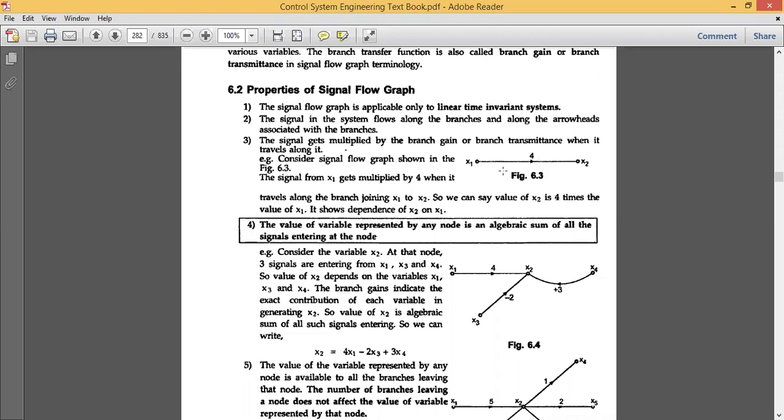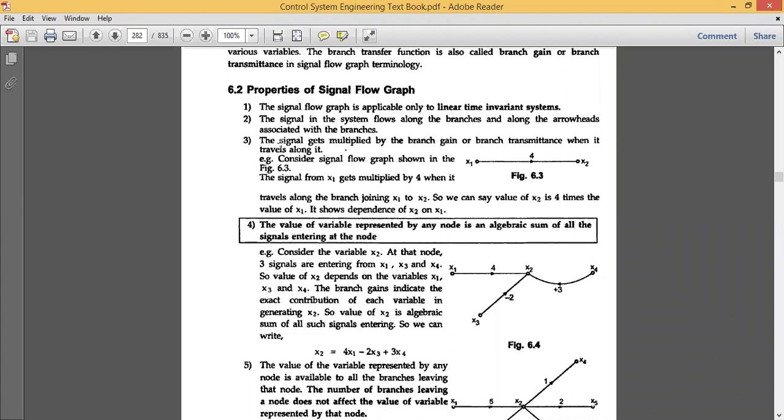So you should be very careful to analyze the signal flow graph based on the arrow mark. Sometimes the arrow can point towards x1, and that is nothing but a backward loop. We'll see that one by one.